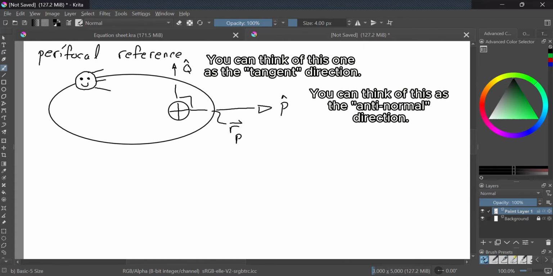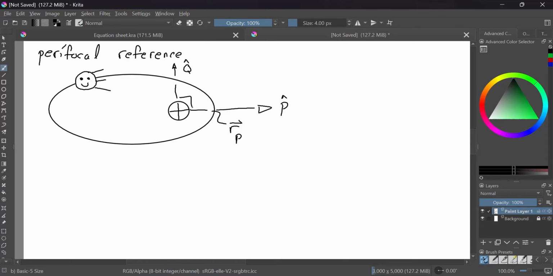And then orthogonal to both of them is going to be the direction of w hat. And that comes out of the page, out of the screen, out towards your face. And since the technology for drawing that does not exist at this time, we're just going to use our imaginations and say that it's pointing out of the page.